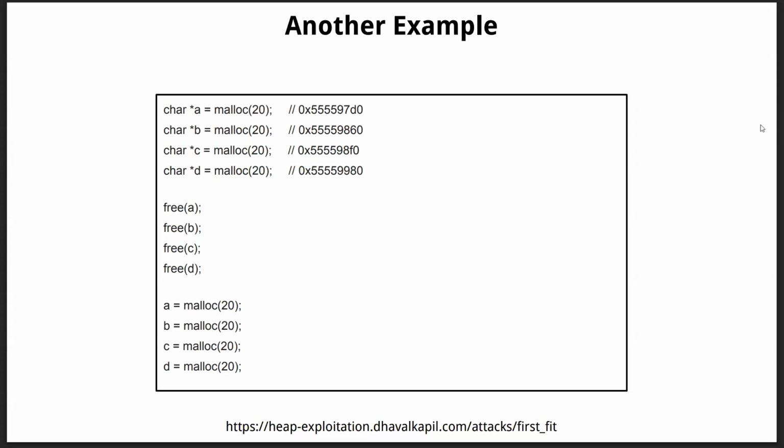So now we malloc A, B, C, D again. What should be the address for A again? D. So A will get the address of D because this is kind of like a FIFO structure. And B will get the address of C. C will get the address of B. D will get the address of A.